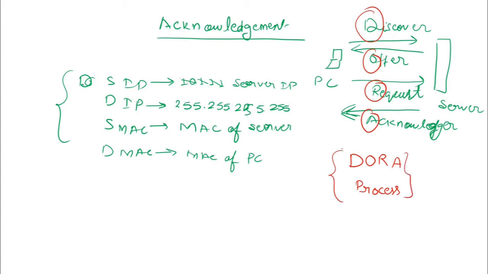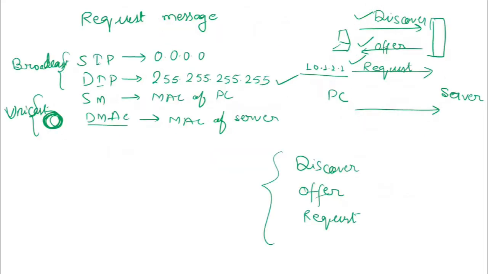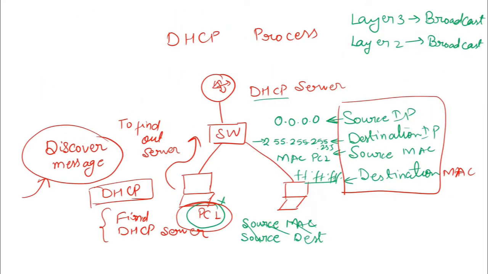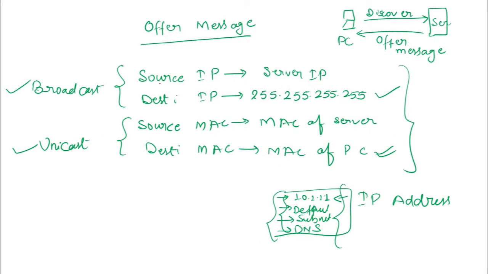So you have to explain these four messages, how the IP address assignment is being done to the computer. These things are very important, what is the source IP address in these four fields: source IP, destination IP, source MAC, and destination MAC, and that's also in all four messages.